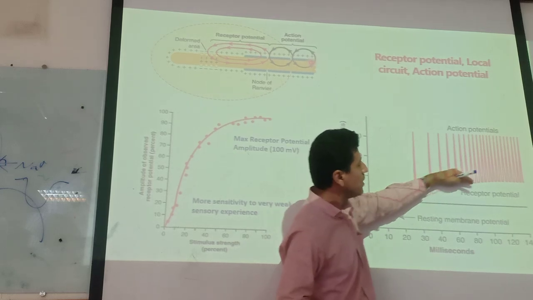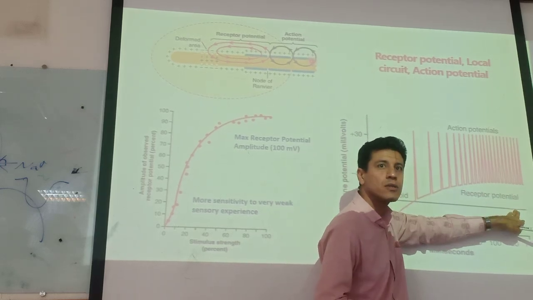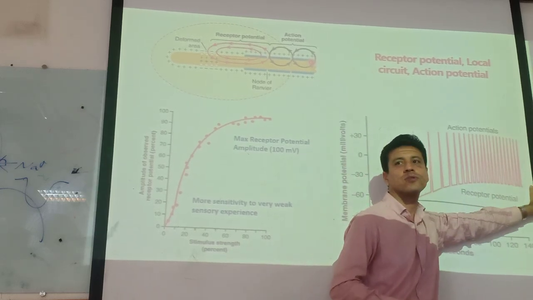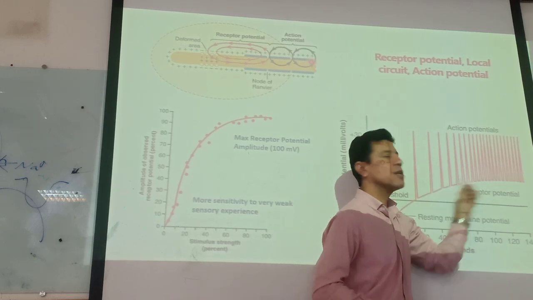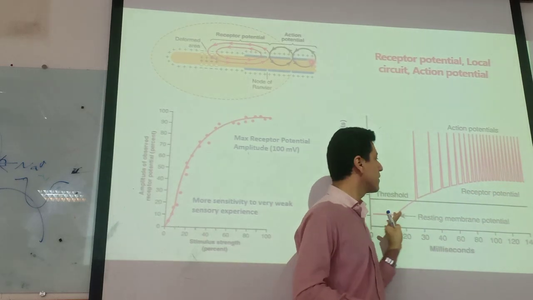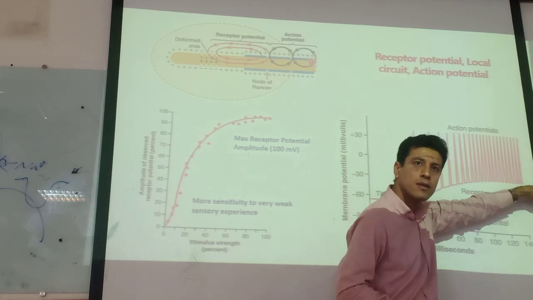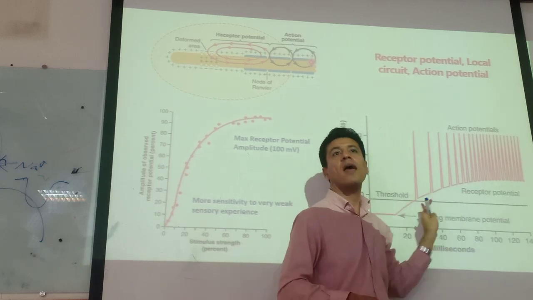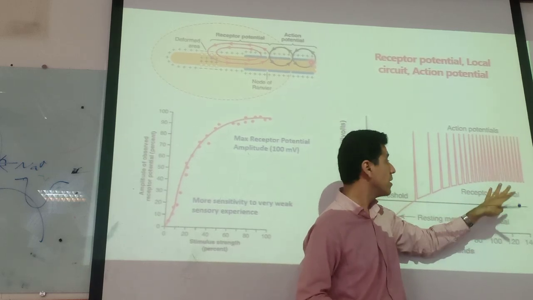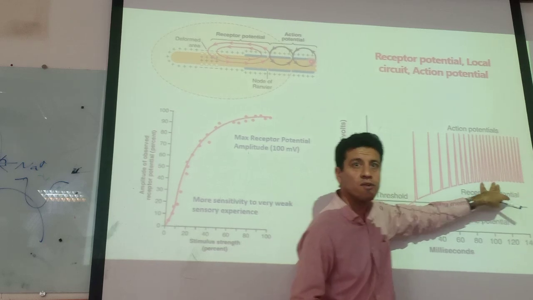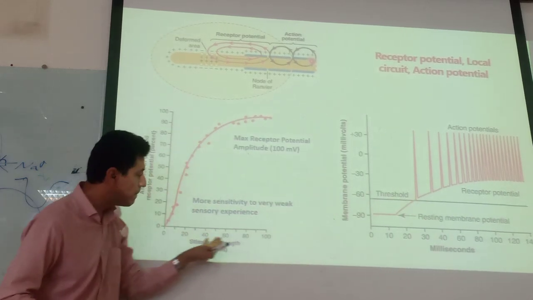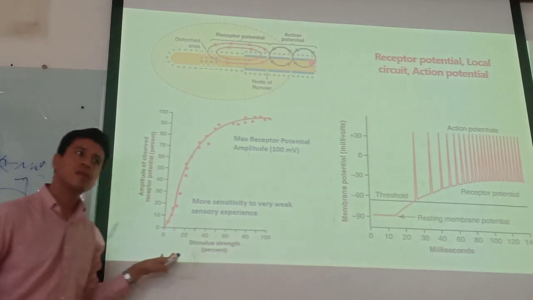So in the first node of Ranvier, when the receptor potential exceeds the threshold, we will have action potential. As long as the receptor potential is higher than the threshold, we will have action potential. So the frequency of action potential is determined by the size and the duration of the receptor potential, which depend on the stimulus.